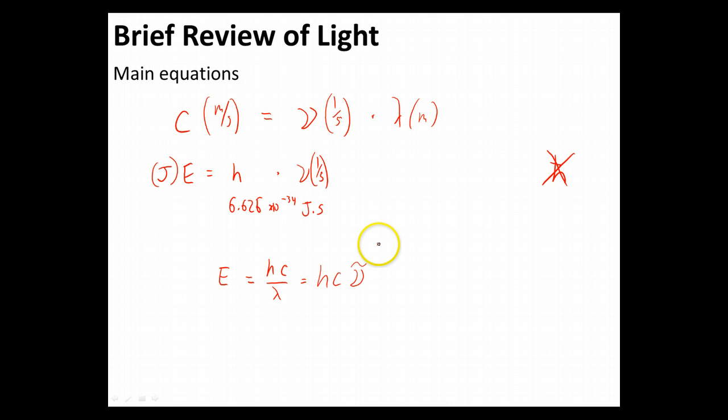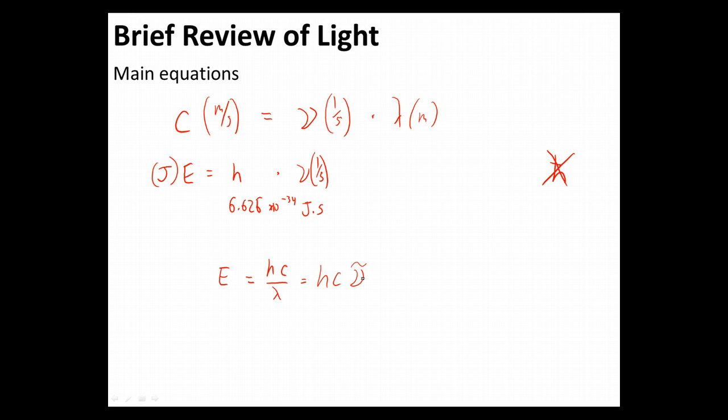The reason that we like doing that is now energy is going to be proportional to wave number, but it's not going to be in the same unit and same format as we'd have for frequency. So make sure you're being very careful about whether you're looking at frequency or wave numbers if you're doing those kind of conversions. I typically don't work in wave numbers at all, but it really depends on what specialty in the field you're in.